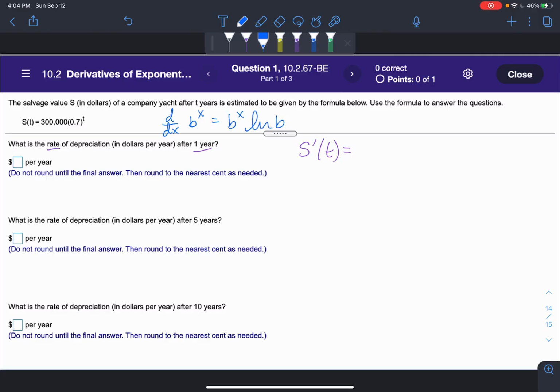So if I want to take the derivative, this is a constant, so I'm just going to multiply it, keep it on the outside, and then now I'm going to take the derivative of this part. My b is 0.7, so 0.7 to t, which is our x in this case, and the natural log of my base, which is 0.7.